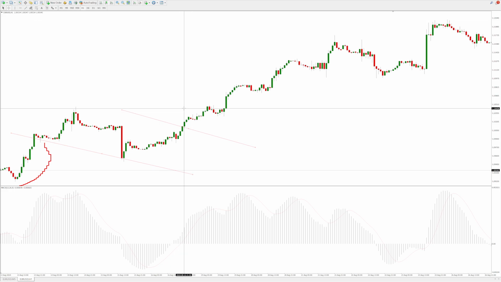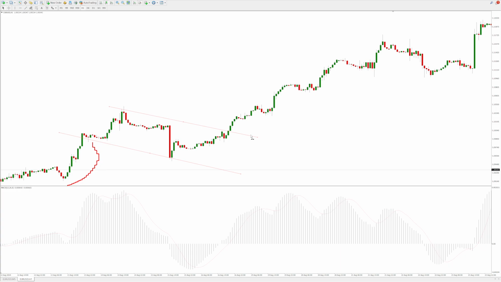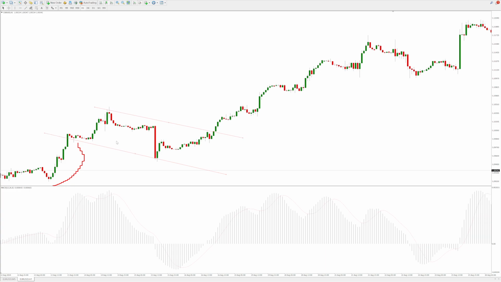So again, the breakout here, wasn't it? The breakout of the handle from the cup and handle pattern would have been confirmed with the MACD.